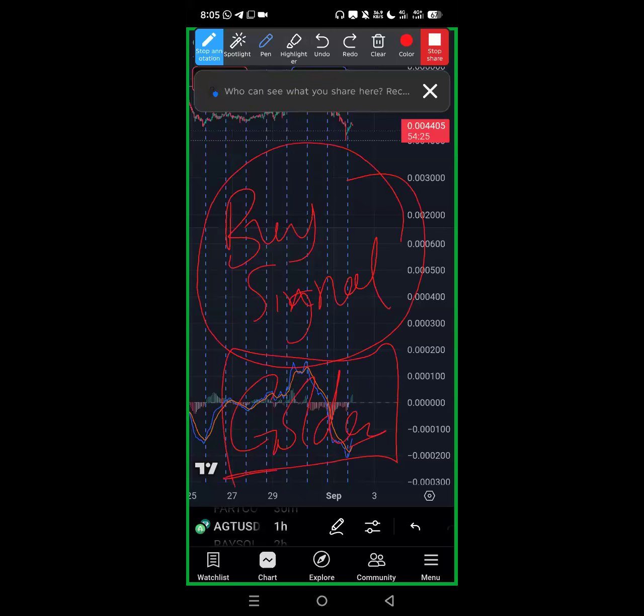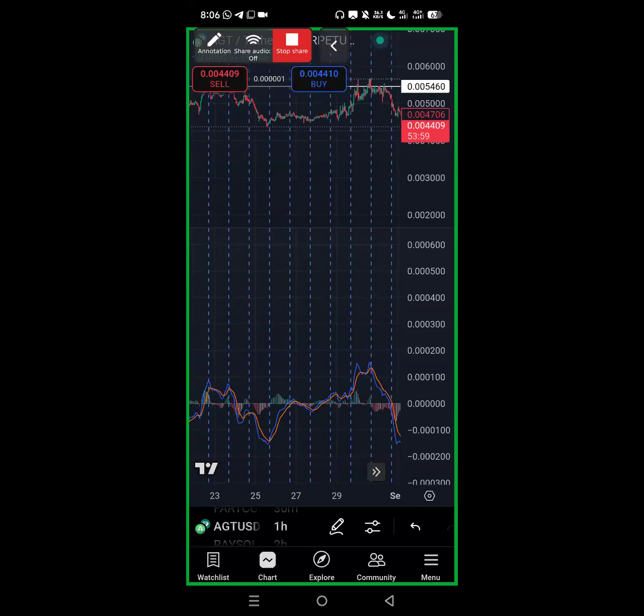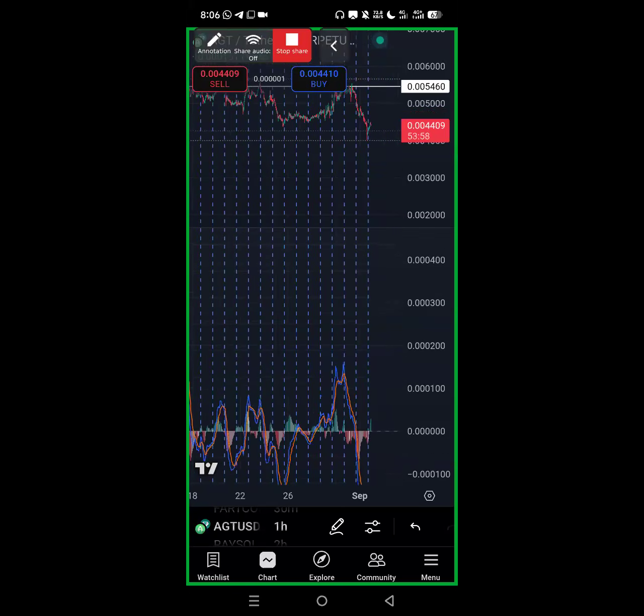It presents a golden opportunity to jump into the market, to take a long position, or to buy for the spot trader. You buy and hold, waiting for the price to increase, and then you take profits. So once the MACD line crosses above the signal line, it is a very, very good buying signal.